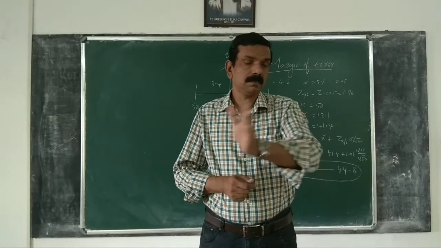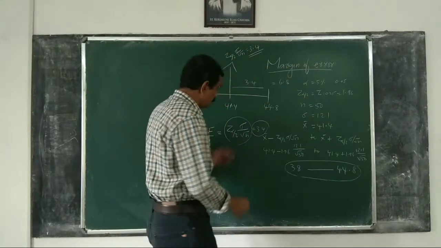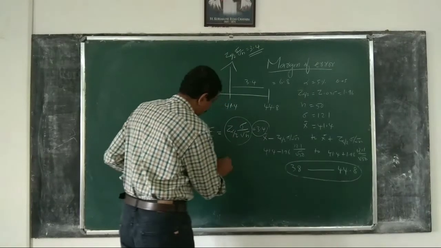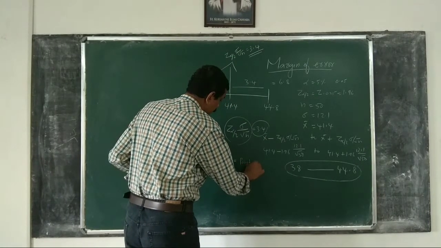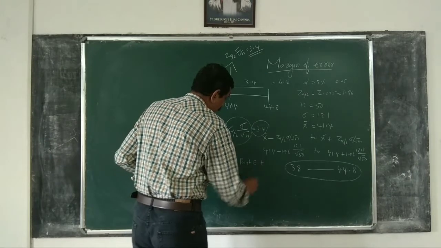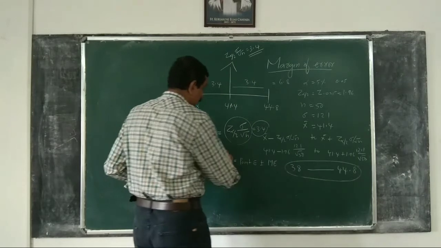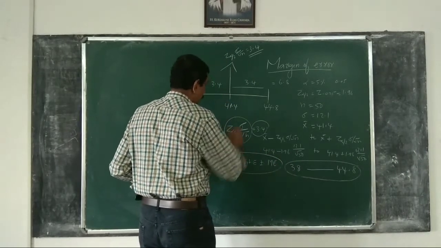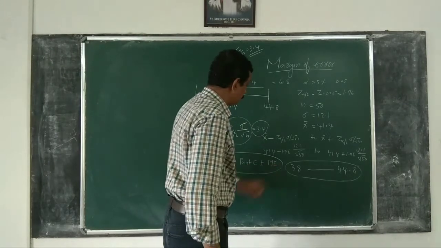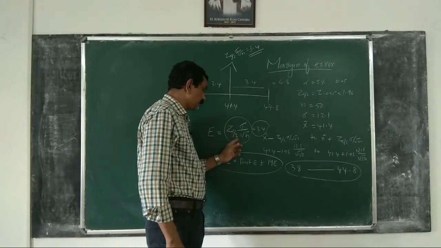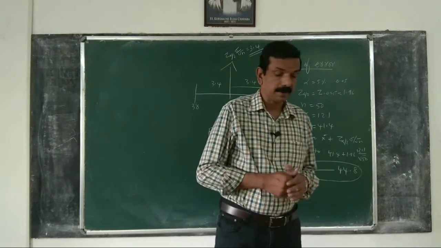So we can state the confidence interval as equal to point estimate plus or minus margin of error. So this quantity Z alpha by 2 into sigma by root n is known as the margin of error.